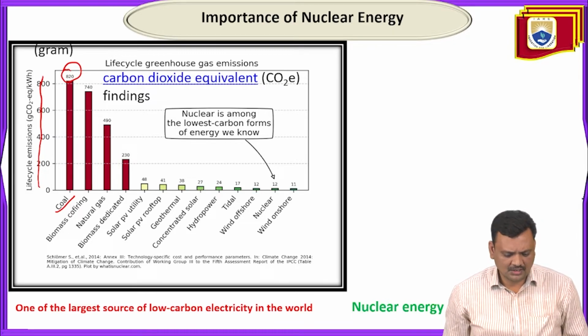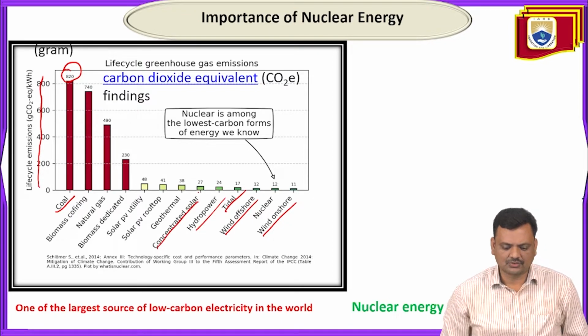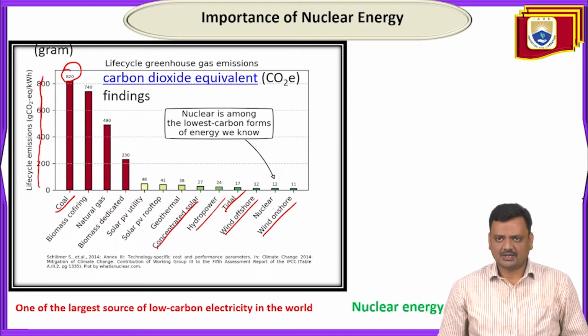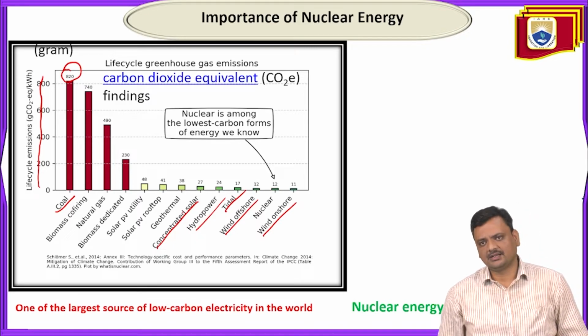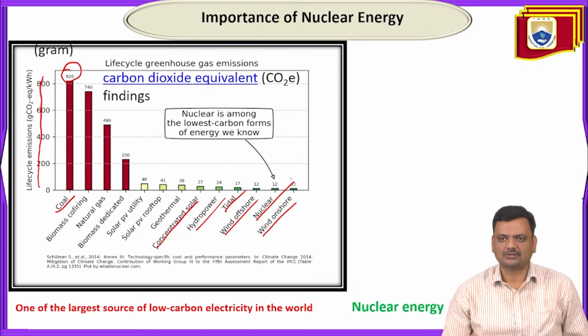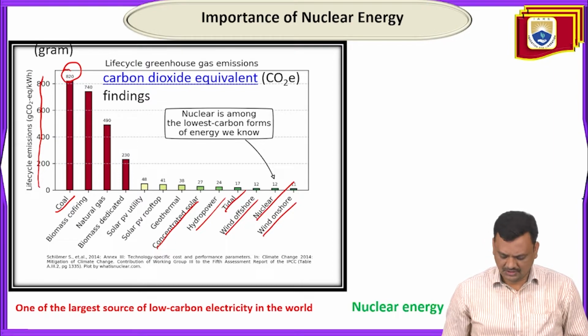From the chart, there are several other sources: wind onshore, wind offshore, tidal, hydropower, and concentrated solar energy resources for generation of electricity. But over all these clean energy sources, nuclear power also has some advantages.